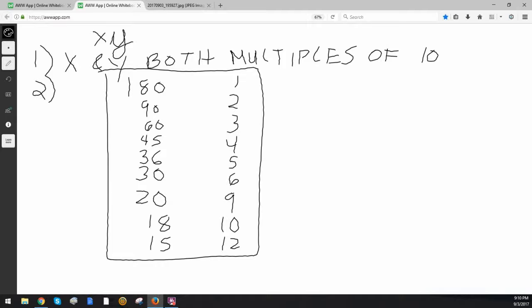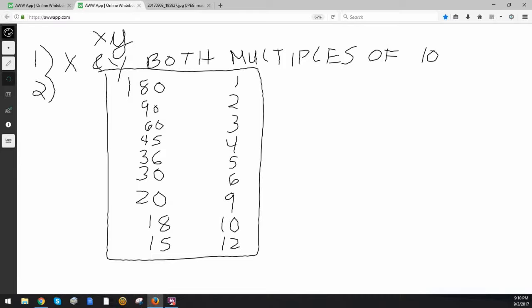That doesn't mean that every one of these pairs will have 180 as the least common multiple. For example, 30 and 6 do not have 180 as the least common multiple. They have 30. And 20 and 30 don't have 180 as the least common multiple. They have 60. But all the numbers that have 180 as their least common multiple must be in this box somewhere. They must be hiding among these numbers.